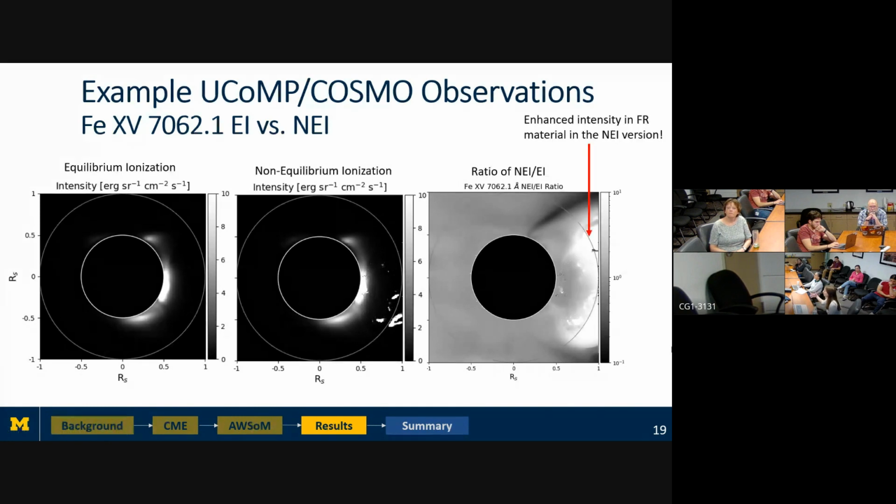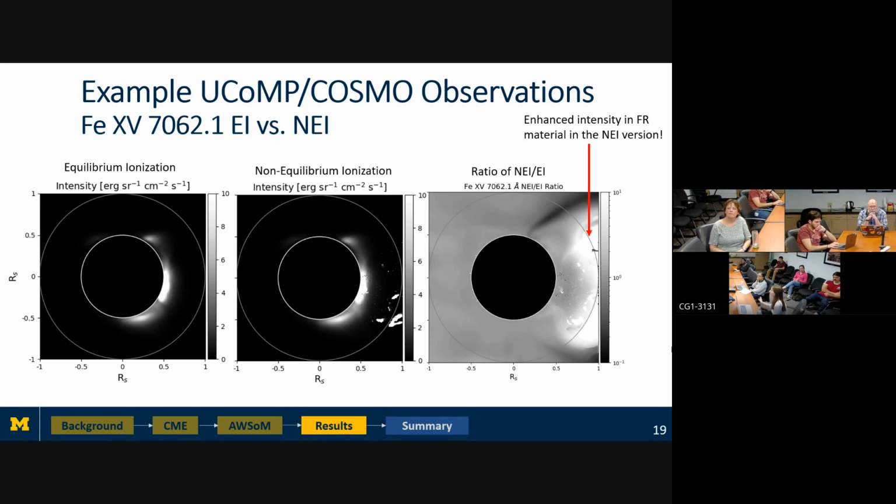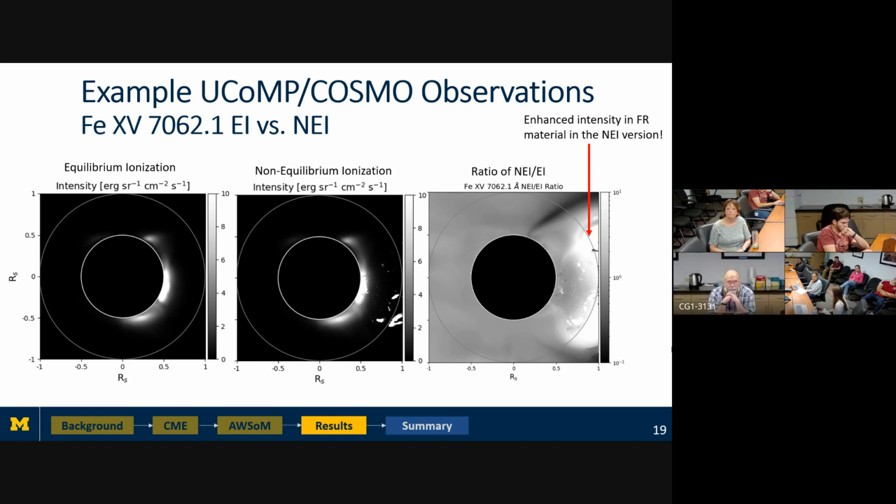So we see more enhanced intensity in this iron 15 line in the non-equilibrium ionization version than in the equilibrium version. So again, this continues for me to emphasize, non-equilibrium ionization is really important when we're synthesizing these EUV spectral lines and preparing for observations by future observatories like Cosmo.